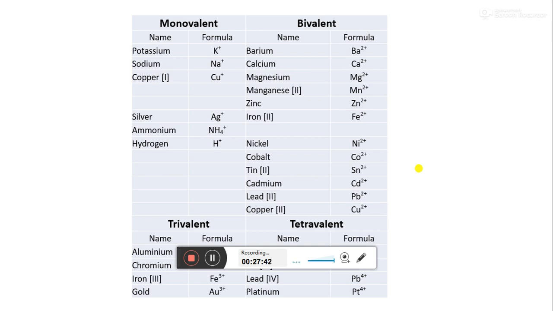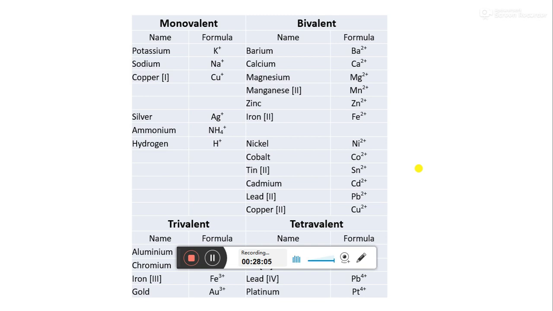If you see tin and iron, and certain more examples, there is something written in brackets in Roman numerals, and that is the charge of that species. Just take the example of tin. The symbol of tin is Sn, right?